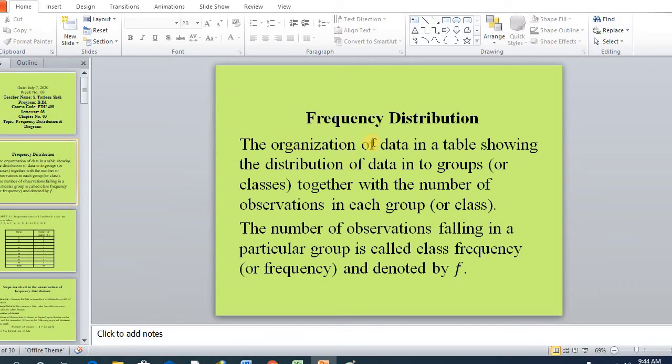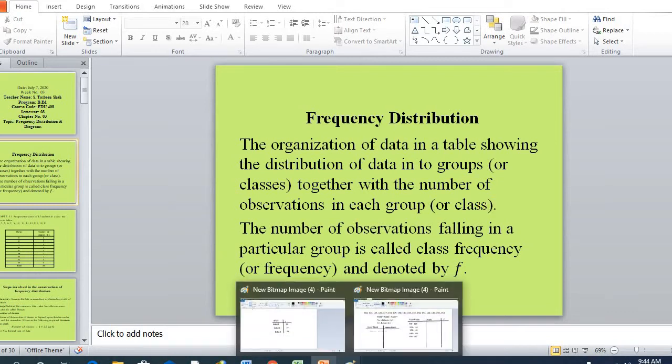The organization of data in a table showing the distribution of data into groups or classes, together with the number of observations in each group or class is called frequency distribution.